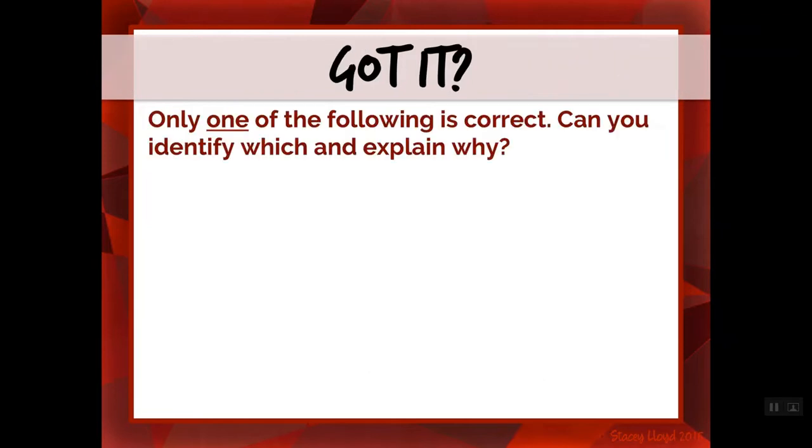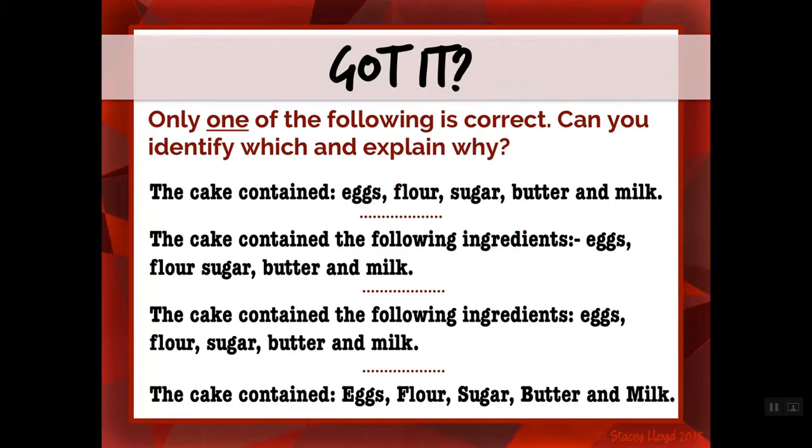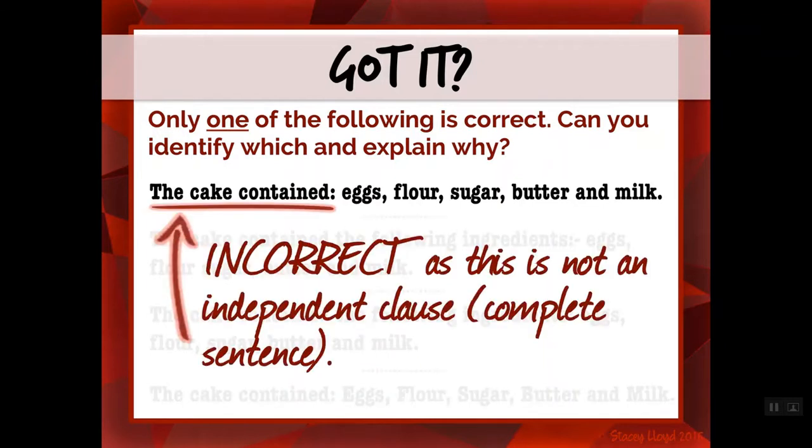Okay, got it? All right, same sentence with different punctuation. There are two different versions, I guess. The cake contained eggs, flour, sugar, butter, and milk. The cake contained the following ingredients: eggs, flour, sugar, butter, and milk. So let's see which one's right. Incorrect. That's not a full sentence.